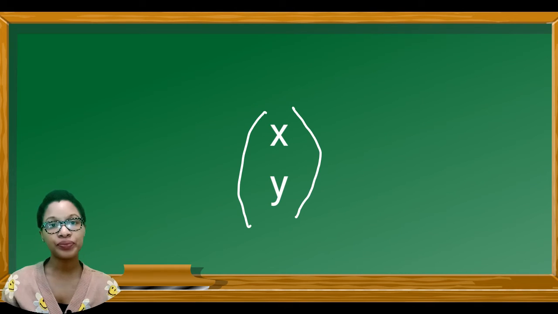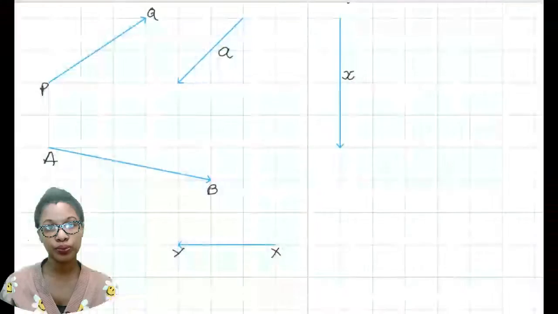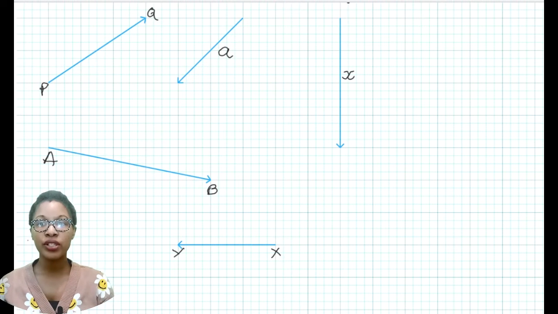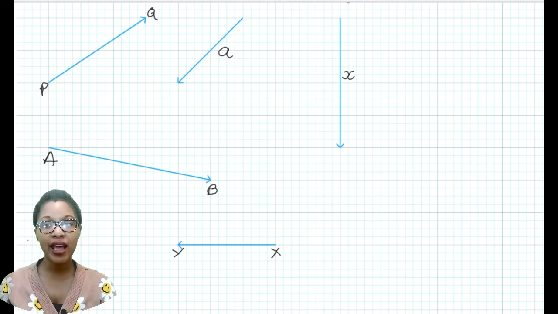When you write the column vectors, the x value is on top and the y value is below. To get the x and y value, you need to draw a triangle connecting the tail of the arrow to the head of the arrow.